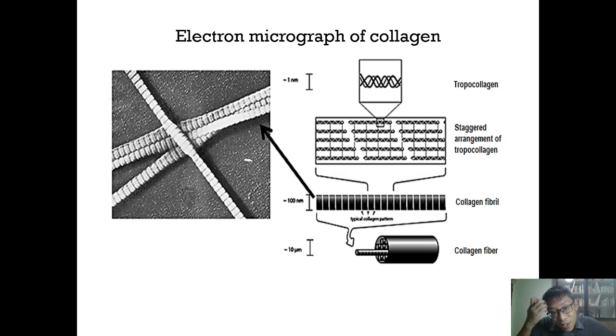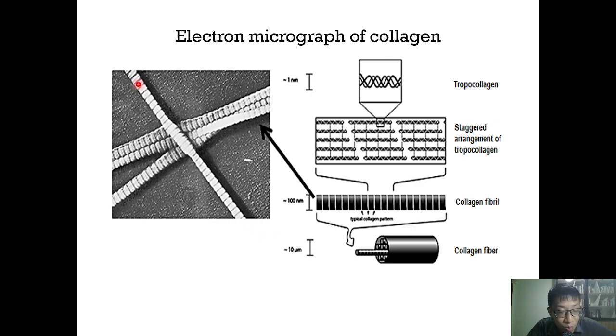Okay, so just a picture to kind of summarize the aggregation of polypeptides to form collagen. Yeah, so 3 polypeptides to form tropocollagen, many tropocollagens to form 1 collagen fibril, and then also multiple collagen fibrils to form 1 collagen fiber. Okay, on the left here you have an electron micrograph of a collagen fibril, right?